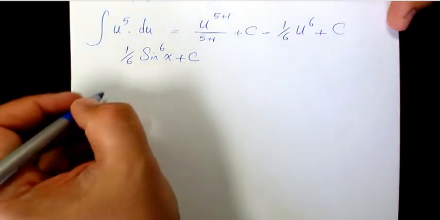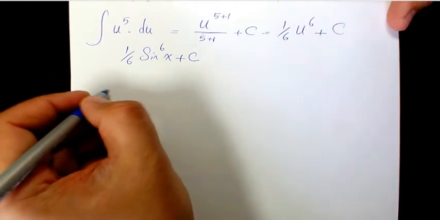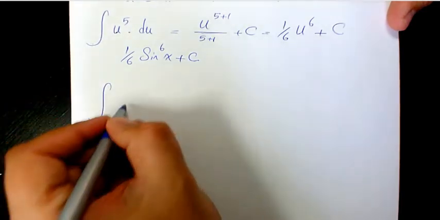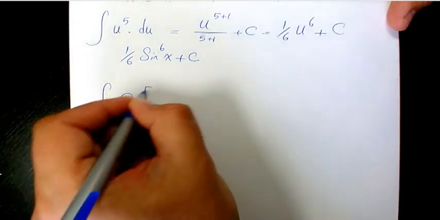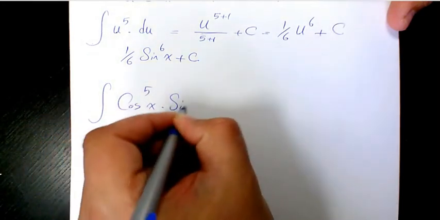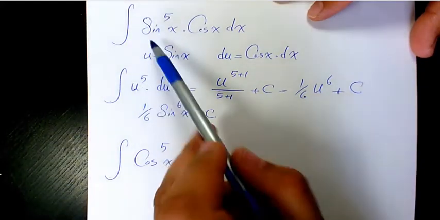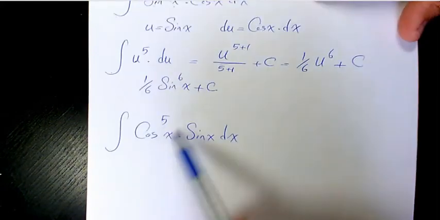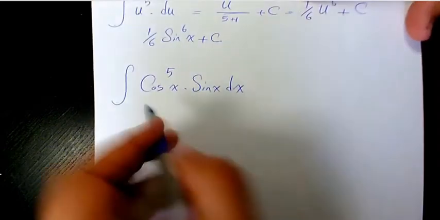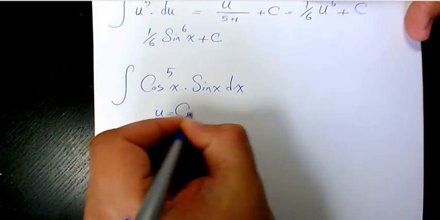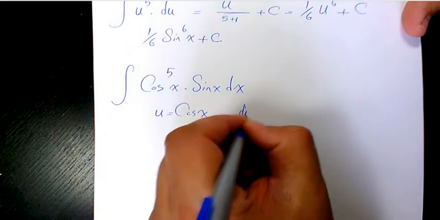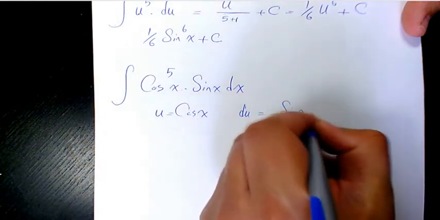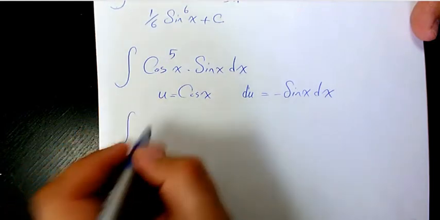Next one is cosine to the power of 5 x sine x dx. Very similar to the previous example. Here it was sine to the power of 5 x cosine x. Here we have cosine to the power of 5 x sine x. So u is cosine x, du is negative sine x dx.